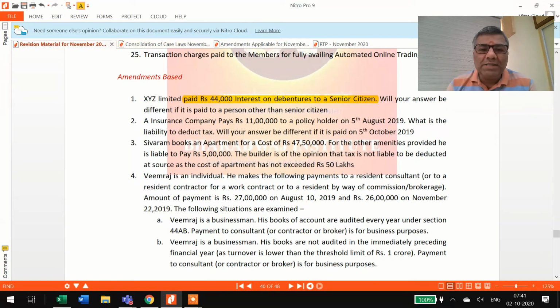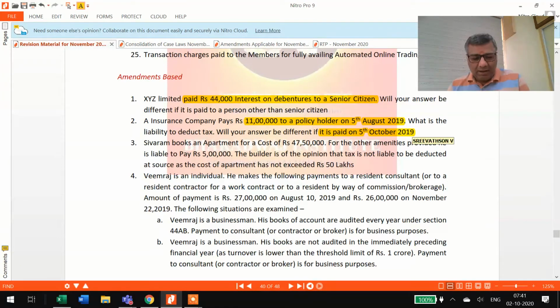An insurance company pays rupees 11 lakhs to a policy holder on 5th August 2019. What is the liability to deduct tax at source? Will your answer be different if it is paid on 5th October 2019?